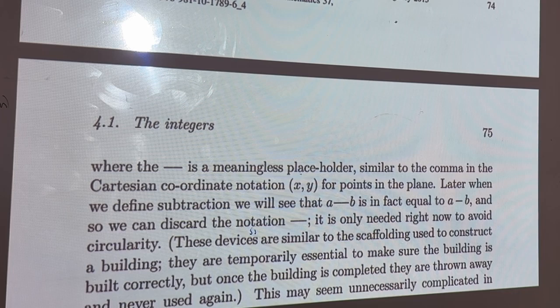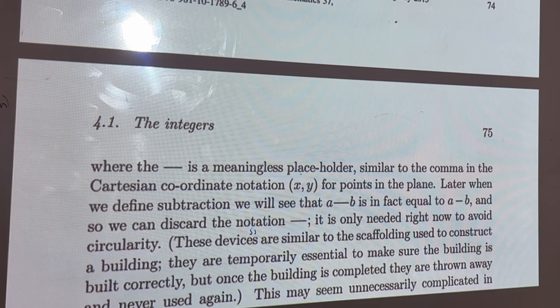Later, when we define subtraction, we will see that a long dash b is in fact equal to a minus b, and so we can discard the notation long dash.